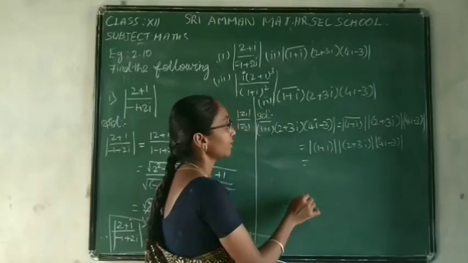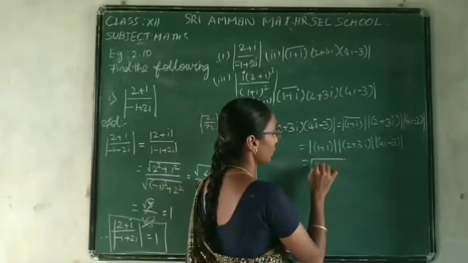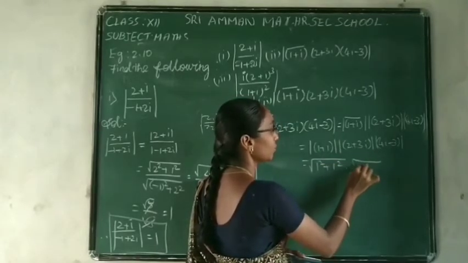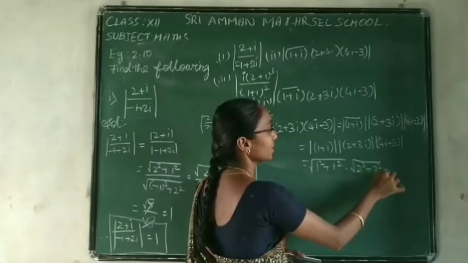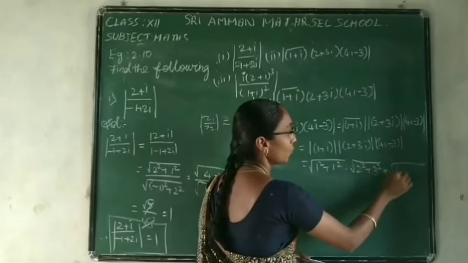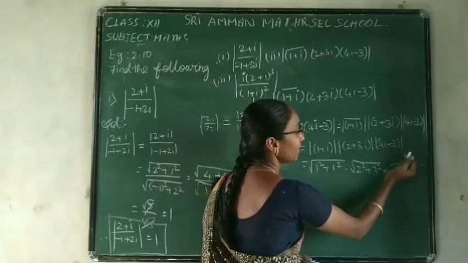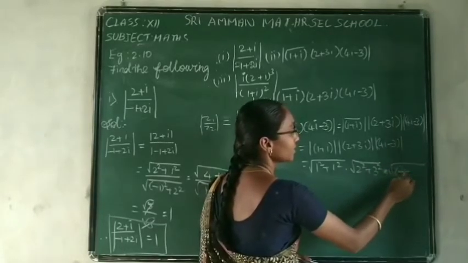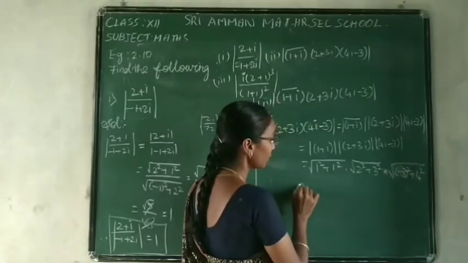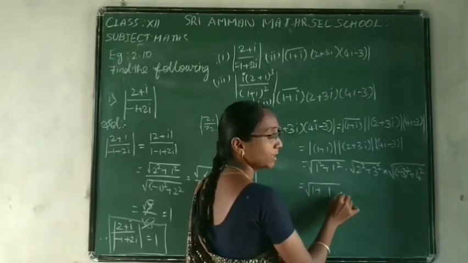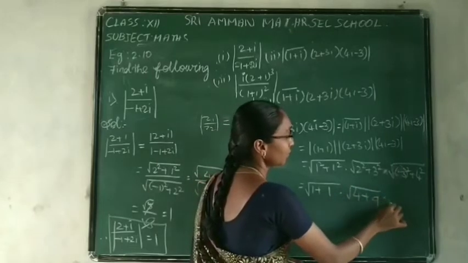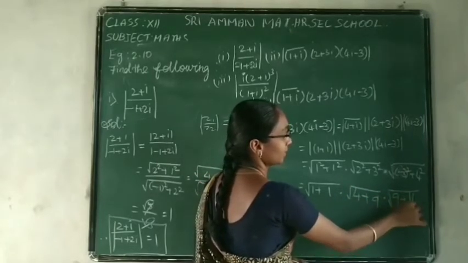Then we find this value: root of 1 square plus 1 square, into root of real part 2 square plus imaginary part 3 square, into root of real part minus 3 whole square plus 4 square. So root of 1 plus 1 into root of 4 plus 9 into root of 9 plus 16.